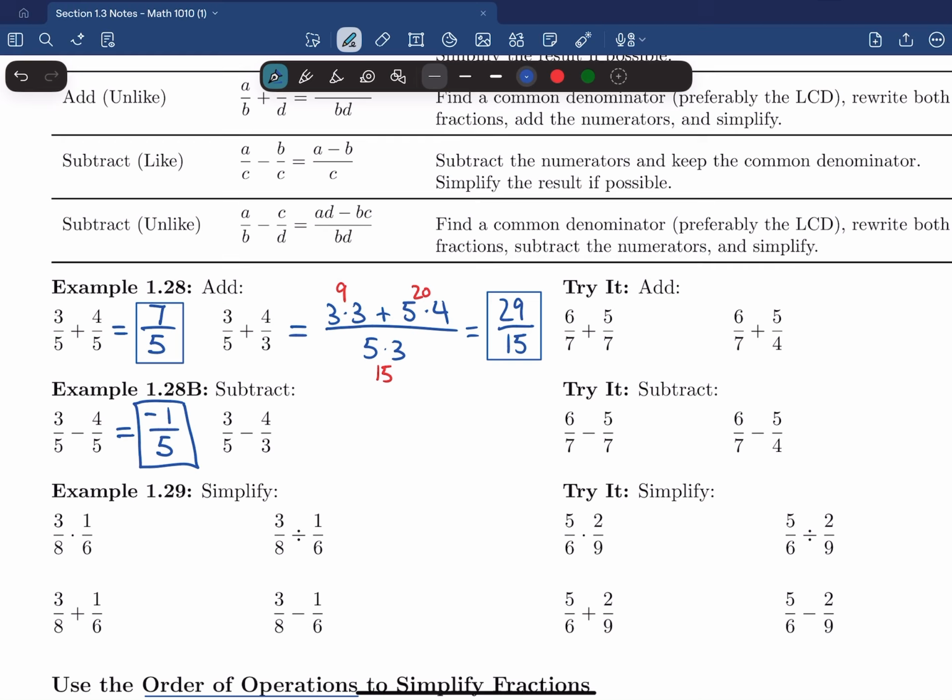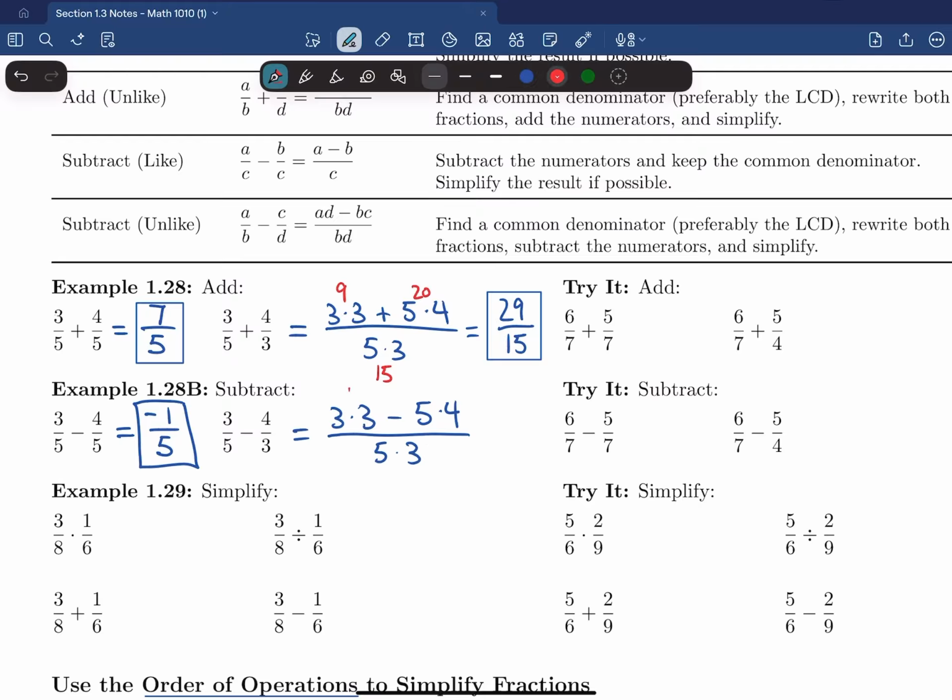Now, let's take 3/5 minus 4/3. We notice the denominators are different. So we'll multiply 3 times 3 and subtract 5 times 4 and divide by 5 times 3.